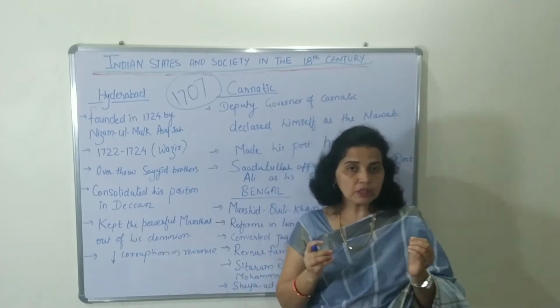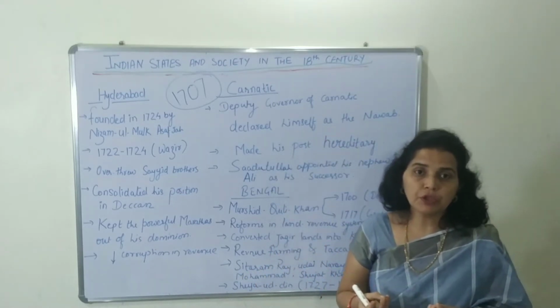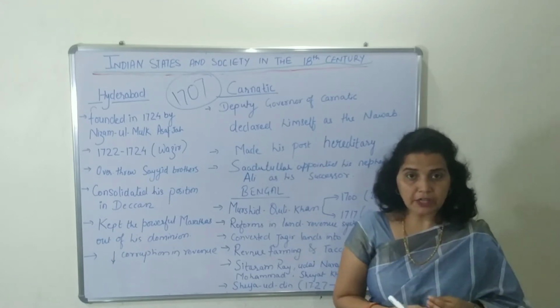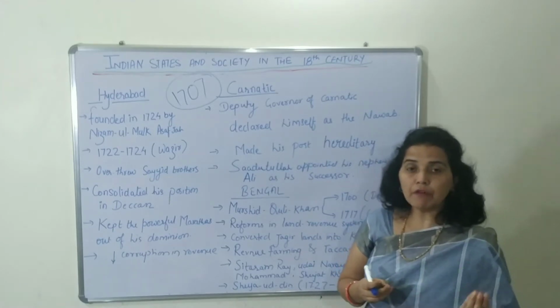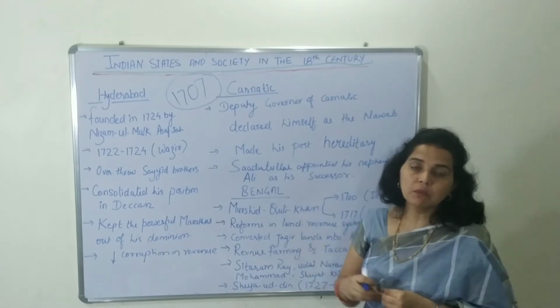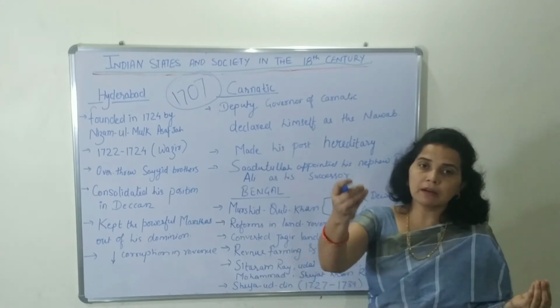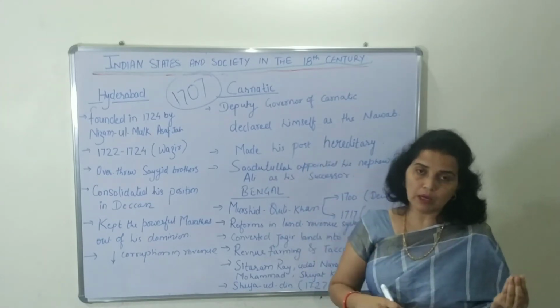So this was a wonderful opportunity for the other states, or the other powerful governors who were ruling under the flag of the Mughals, or the rivals or rebels of the Mughal emperor.